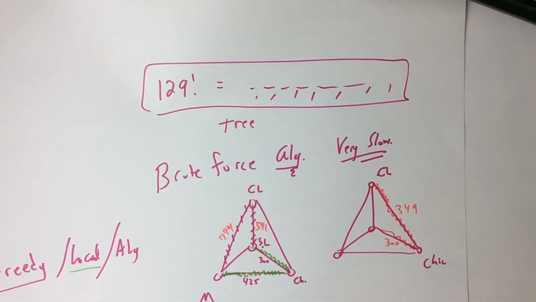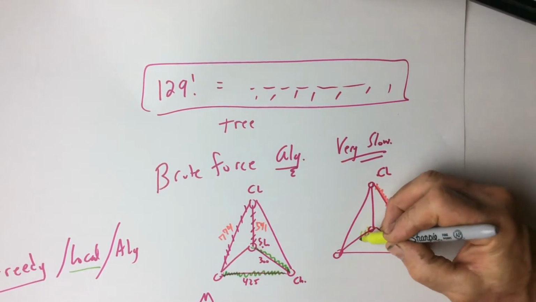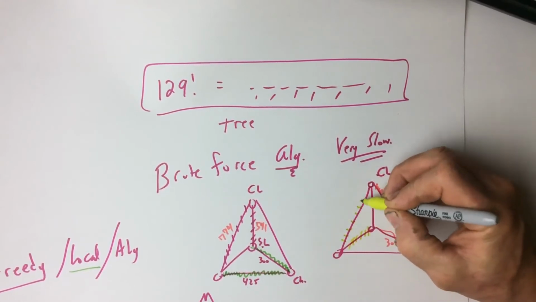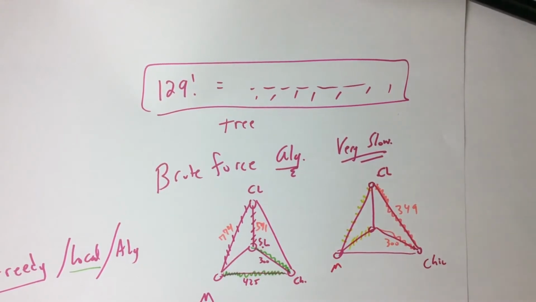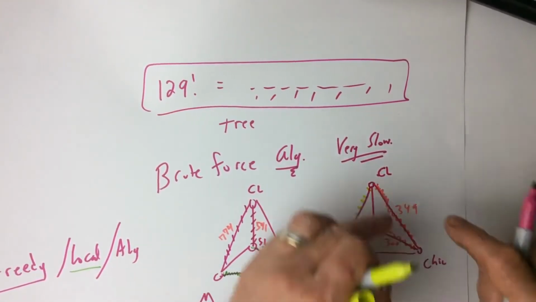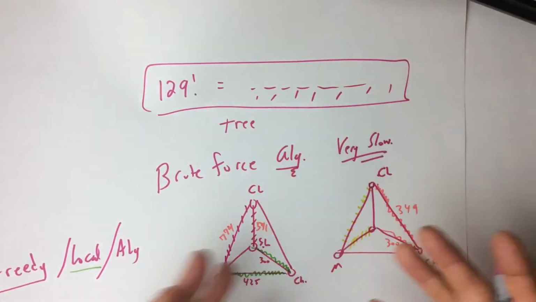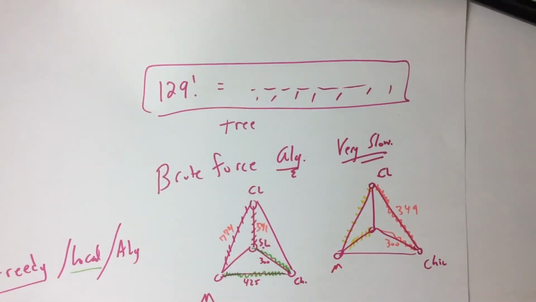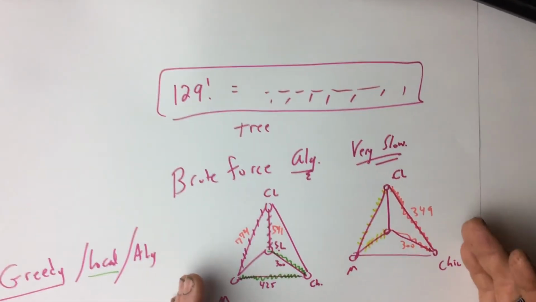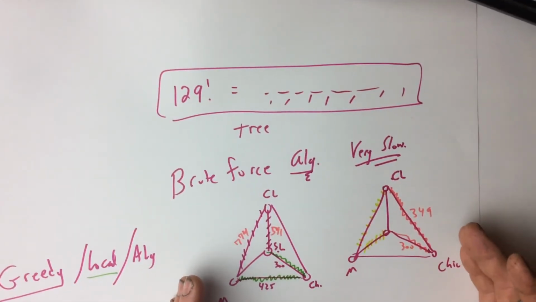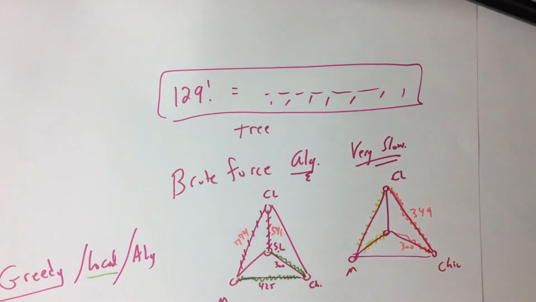And now the last two are forced on you because you have to visit Minneapolis and you have to get home. So if you started in Minneapolis, you would have done this route. If you started in Cleveland, you would have done this route. One's better than the other. Both of them were a greedy local algorithm, the same algorithm run, but the answer depends on where you chose your starting point to be.